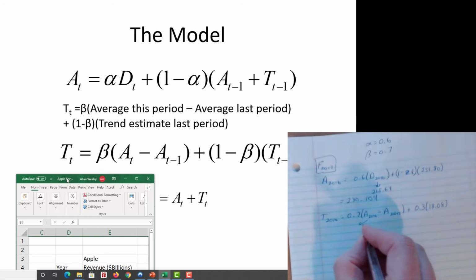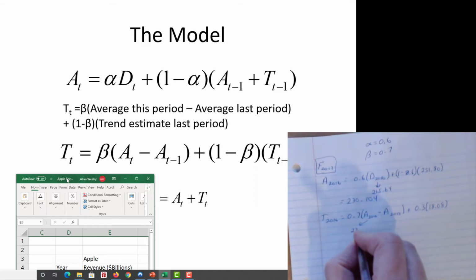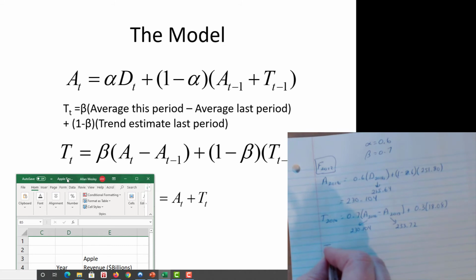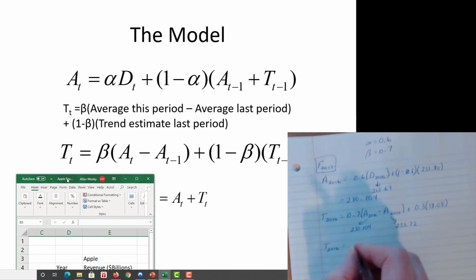The average from before was 230.104. For the average from 2015, we made a bootstrap estimate, and that was 233.72. So the trend for 2016, after we crunch all the numbers, is 2.8928.